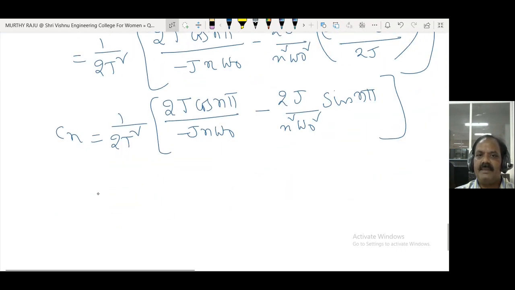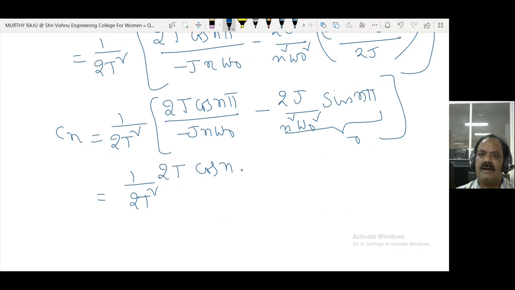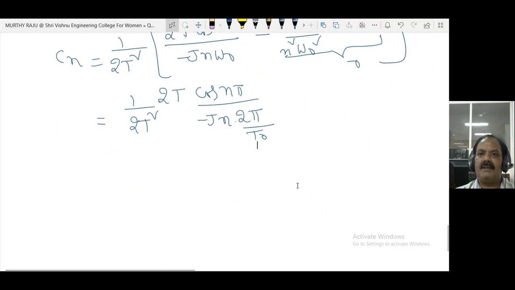Finally, Cn is equal to 1 by 2T square into 2T. This value is 0. Cos n pi by minus j n omega naught, where omega naught is 2 pi by T naught.